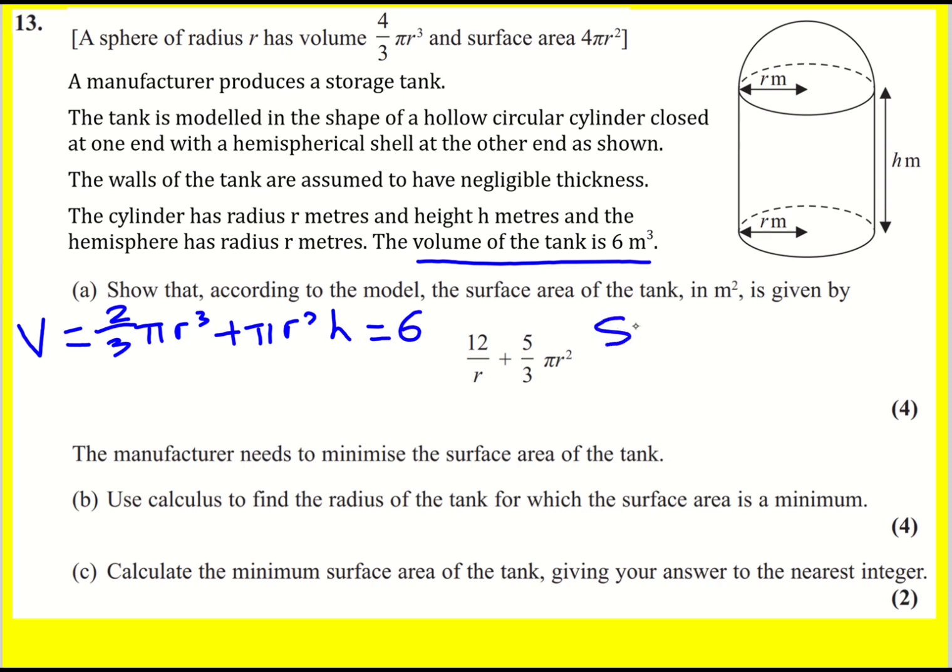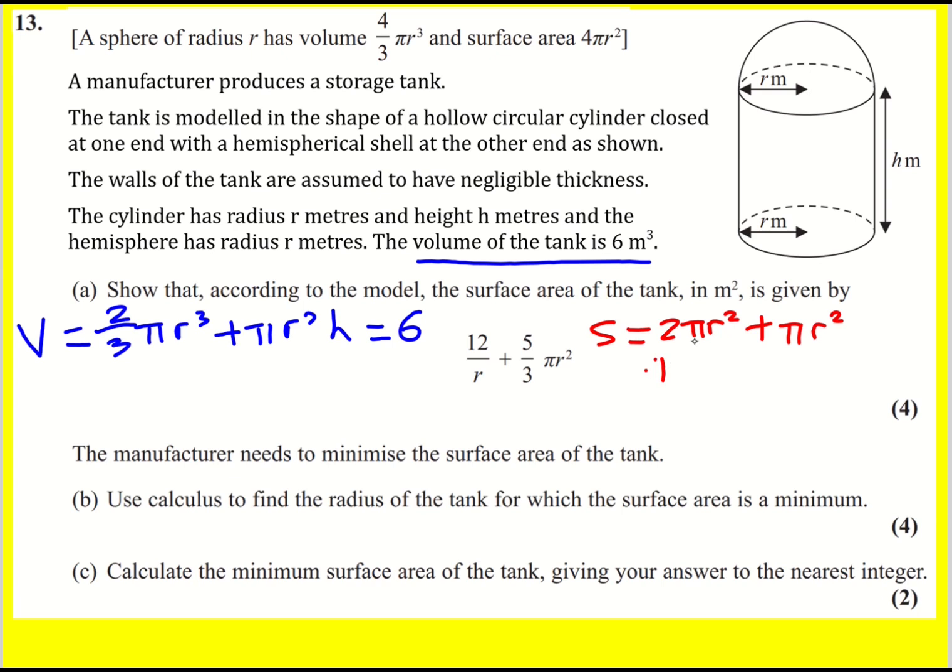Okay, I'm now going to write down the surface area. In fact, I'm going to do it in a different color. So that will be the surface area of the hemisphere. Again, half of the sphere will be 2 pi r squared. Plus, I'm going to deal with the bottom next, pi r squared as well. And then it's the curved part.